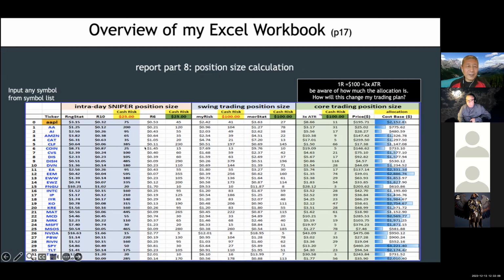This is how I started my spreadsheet. This is the first version of my spreadsheet. I didn't mean to do anything else. I just picked up the R10 from the weekly report and daily report, which was time consuming. So this is how I started.